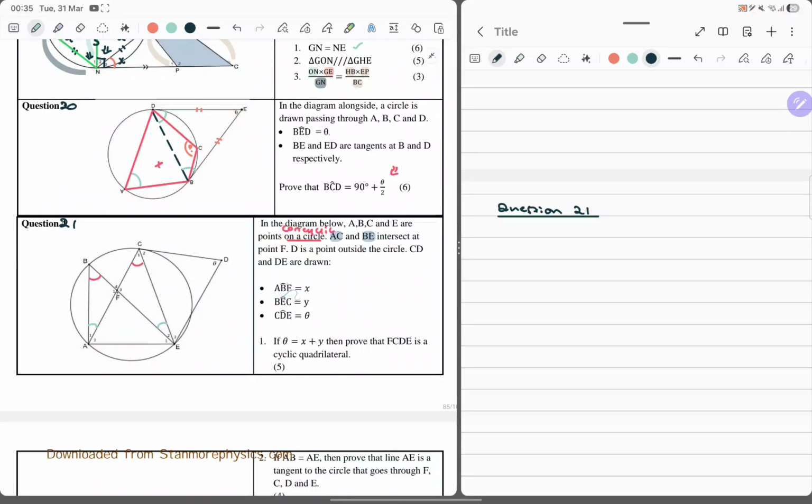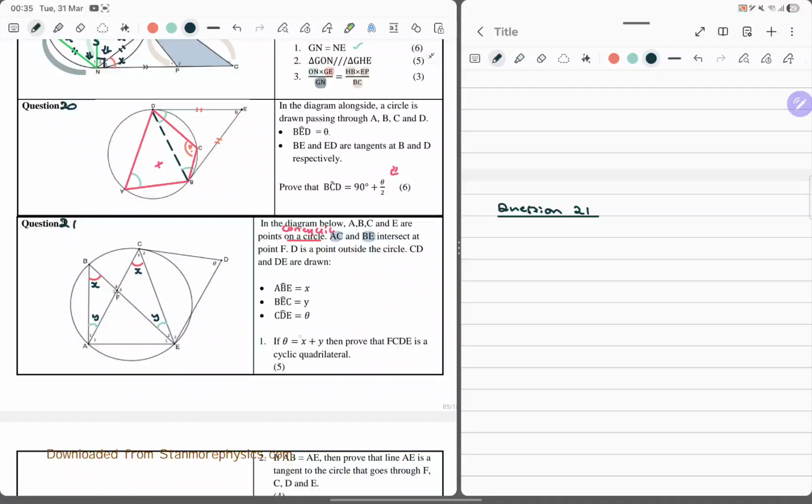We are told that ABE is X. So this is X, so this makes that angle X. Then BEC is Y, so that also makes that angle Y. And then CDE is theta.